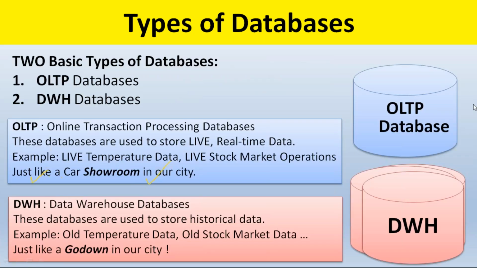OLTP, online transaction processing databases, to store live real-time data like live temperature, live stock market operations, anything live. Data warehouse, to store historical data, old temperature data, old stock market activities, just like a godown in our city. I repeat again, live data OLTP, historical data we have data warehouse.